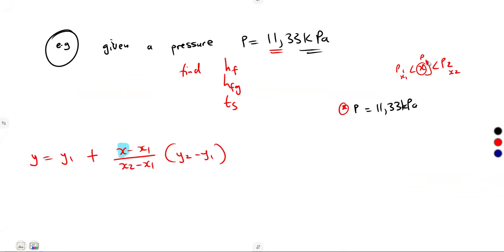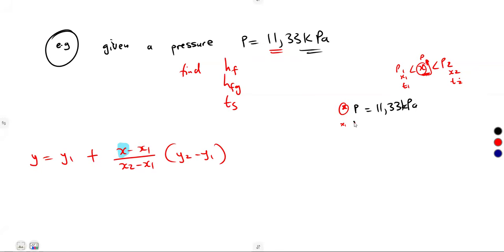So the limits x1 and x2 are the limits of what you are given. If we're given temperature, we're going to consider T1 and T2. In our case, it's P1 and P2. So x1 is simply our P1.